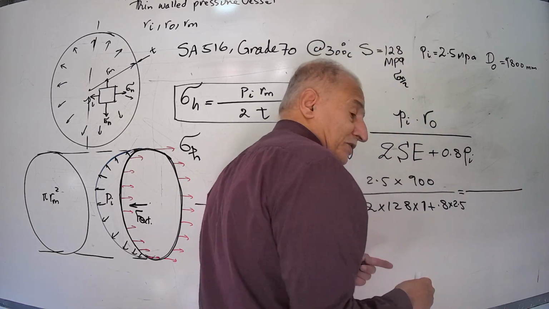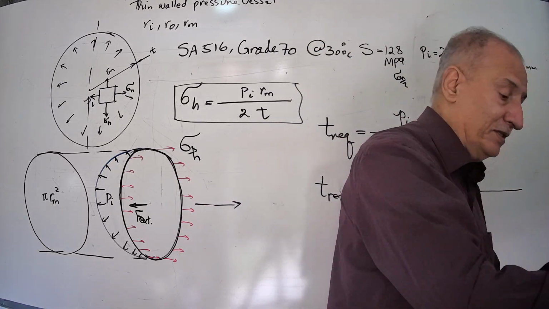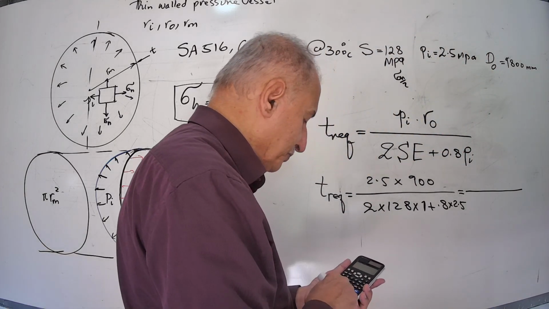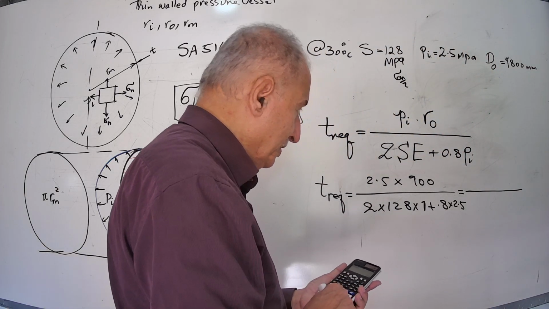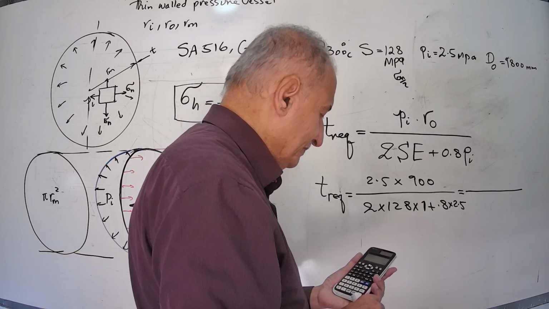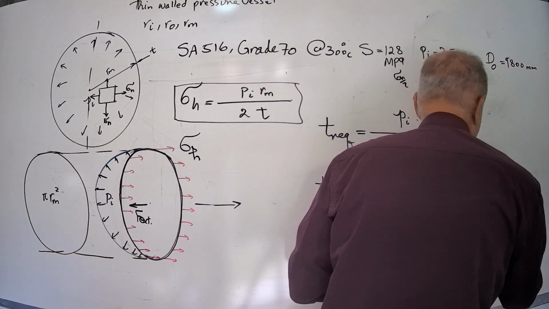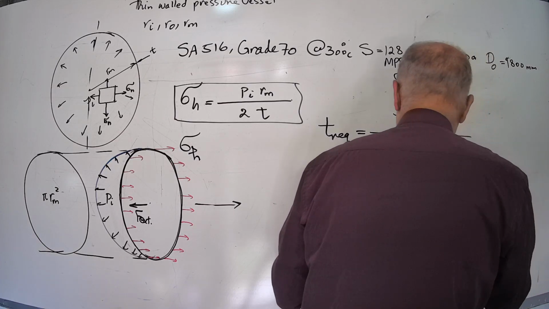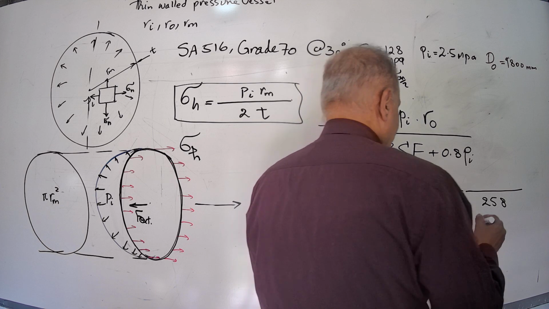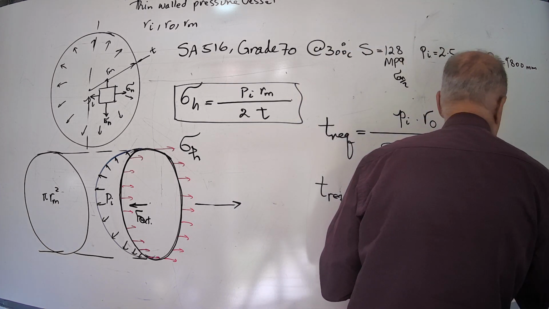Then if you consider that, we reach 128 times 2 plus 2 here is 258. And here is 2.5 times 900 is 2250.